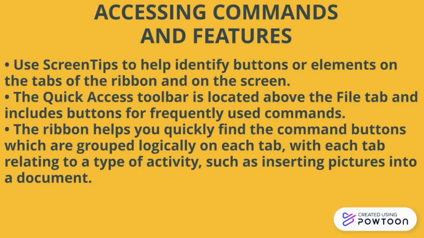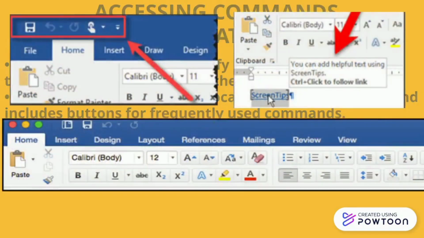Accessing commands and features. Use screen tips to help identify buttons or elements on the tabs of the ribbon and on the screen. The Quick Access toolbar is located above the File tab and includes buttons for frequently used commands. The ribbon helps you quickly find the command buttons, which are grouped logically on each tab, with each tab relating to a type of activity, such as inserting pictures into a document.